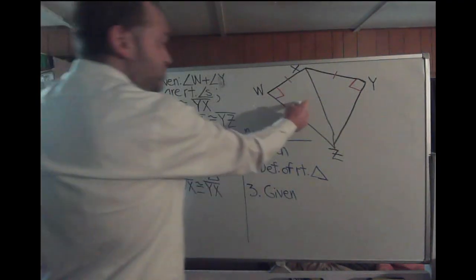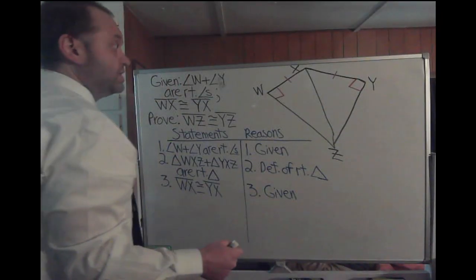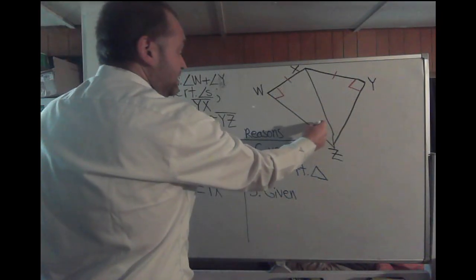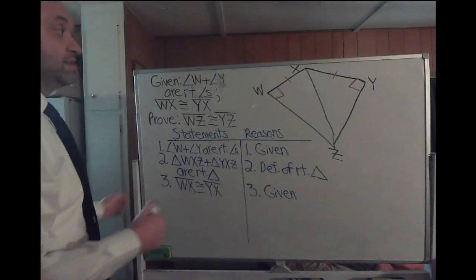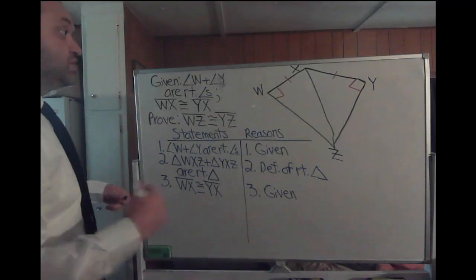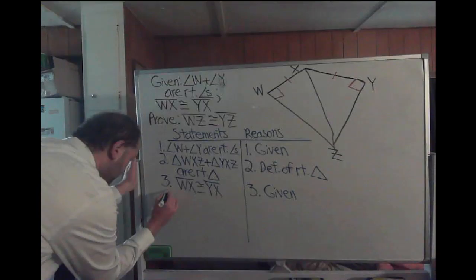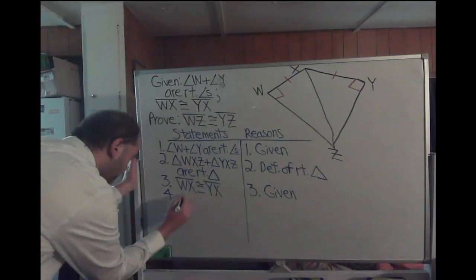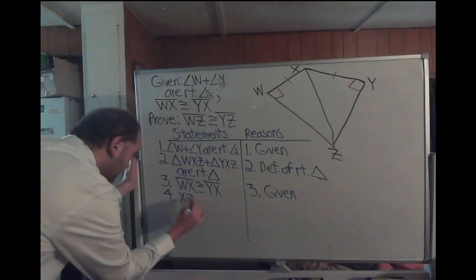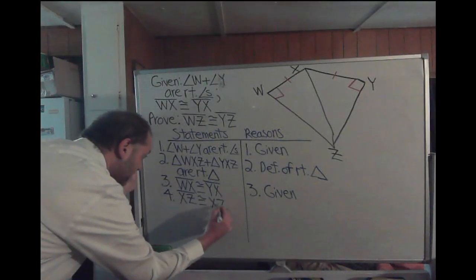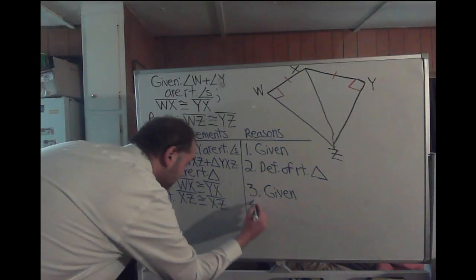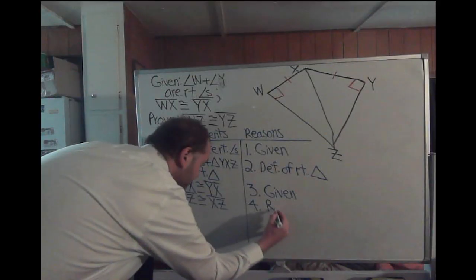Don't they appear to share the same hypotenuse? XZ is the hypotenuse of both of these triangles. So obviously, that's going to make XZ congruent to XZ by the reflexive property. So XZ is congruent to XZ for reason 4. That's just the reflexive property.